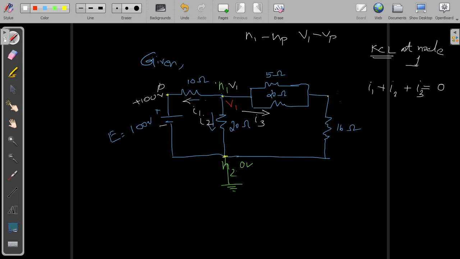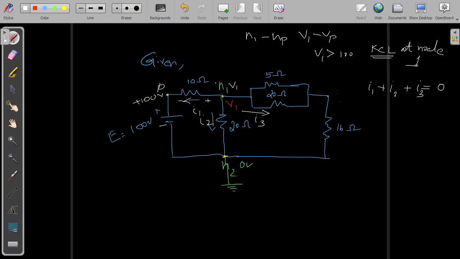So the voltage drop will be like this, plus minus, higher potential to lower potential. By that assumption, V1 is greater than 100 volt.